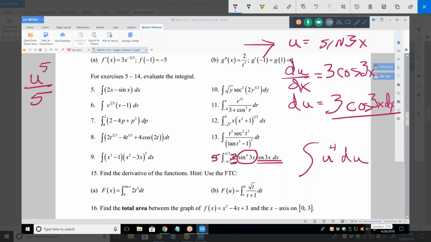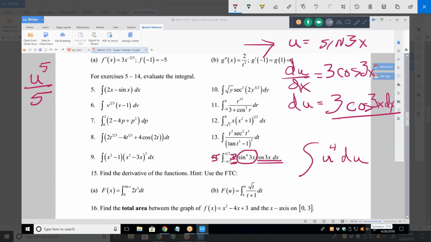Okay, so now let's go back and substitute what we had for u before we try to evaluate this, because I can't really evaluate this, since those aren't my limits of integration when it's u.